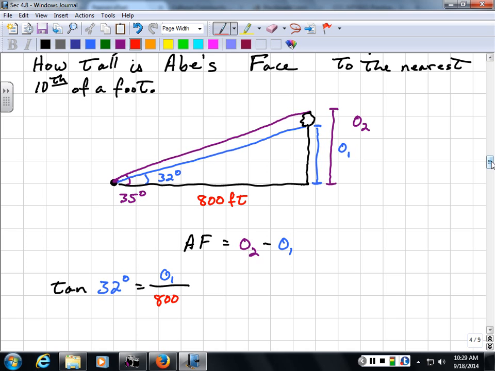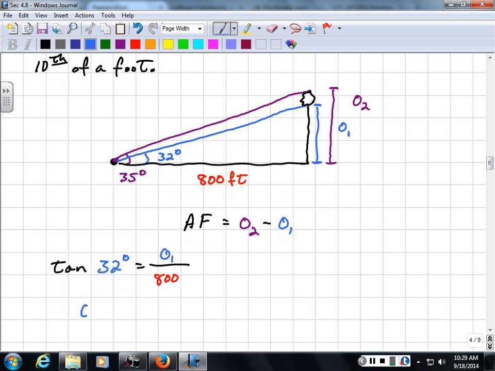So that means that O sub 1 is equal to 800 times the tangent of 32 degrees. And in addition to that, the tangent of 35 degrees will be equal to O sub 2 divided by 800.